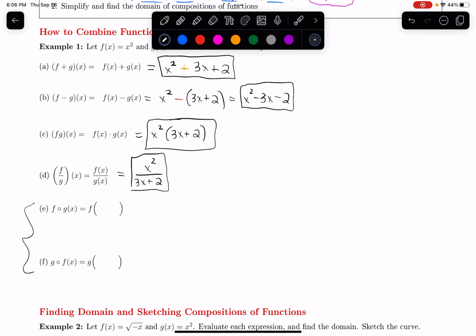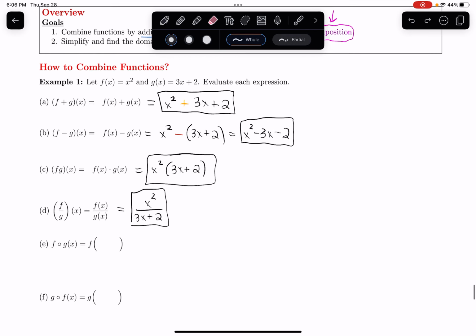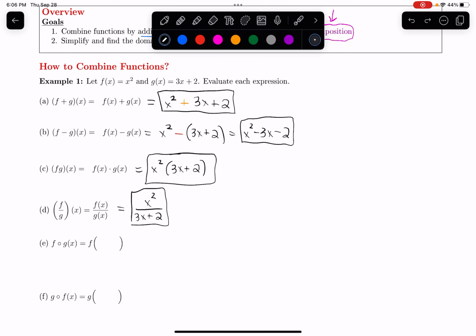So this circle notation is a notation that means we are composing functions. We are plugging one function inside of another function. So if I have f circle g of x written like this, that means f of g of x. In other words, we are plugging g of x into the function f.